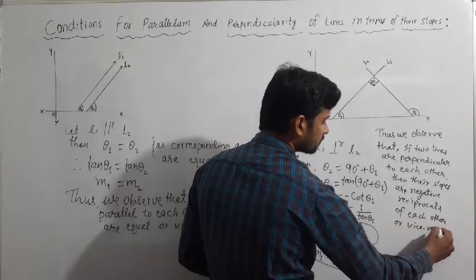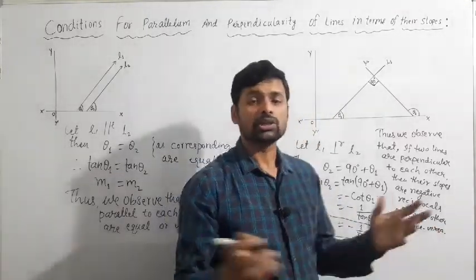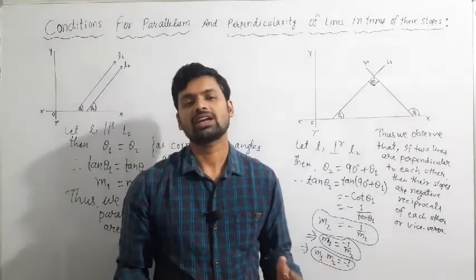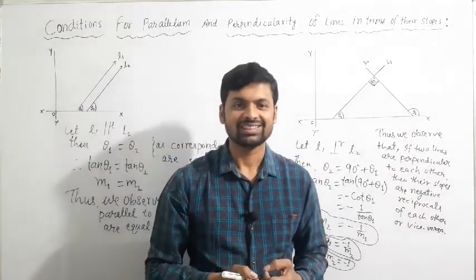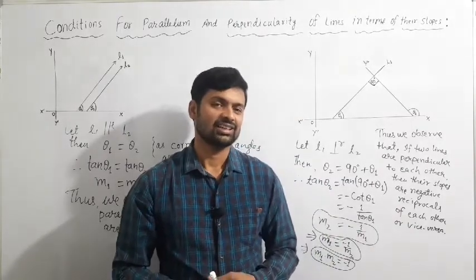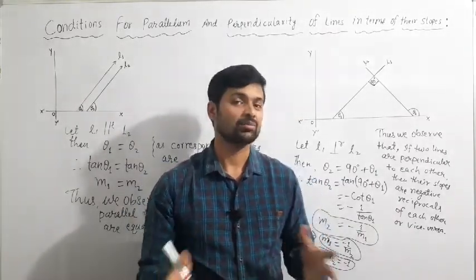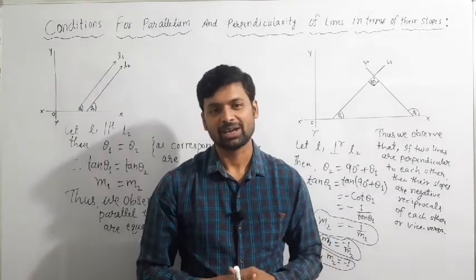This means if the product of slopes of two different lines is minus 1, then we can say that the lines are perpendicular to each other. And if two lines are perpendicular to each other, then the product of their slopes must be minus 1.